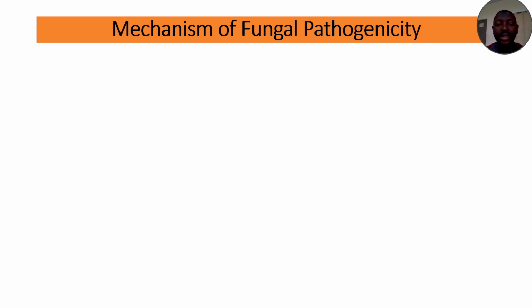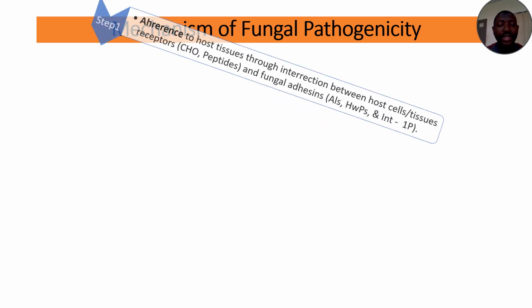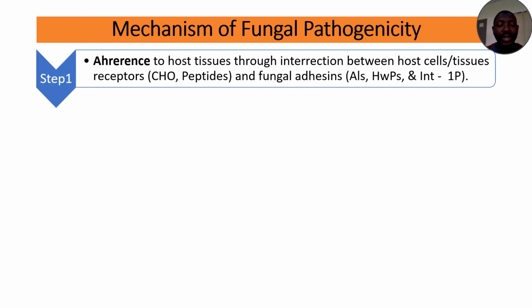In fungi, the process of pathogenesis takes place in 5 major stages. The first stage in the pathogenesis is the adherence. As we said, for fungi to cause diseases, they utilize adherence to the host tissues.